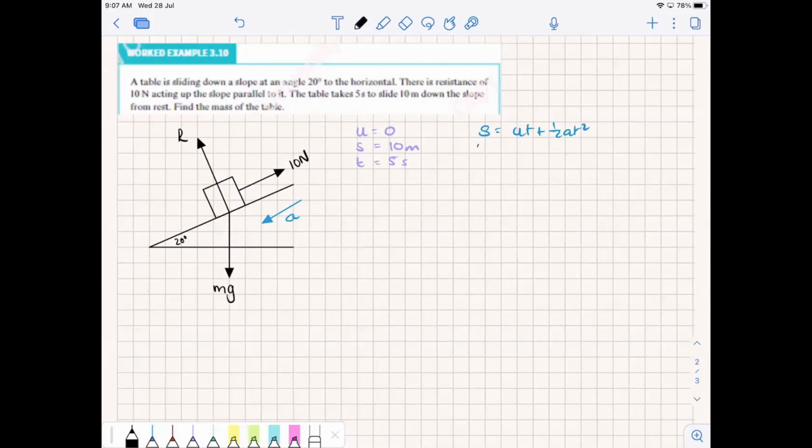So we have the displacement of 10 meters, no initial velocity, and we have time of 5 seconds squared. But that will give me an acceleration of 0.8 meters per second squared.